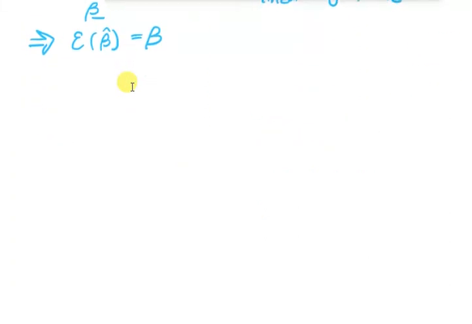Now we are working on finding the variance of beta hat. Again, we can do similar steps where we substitute beta hat by what it's defined to be.